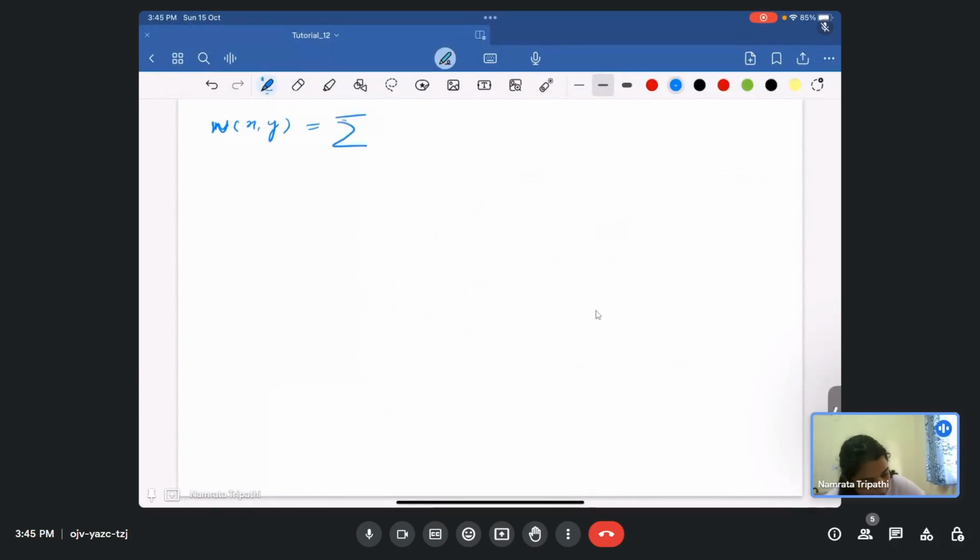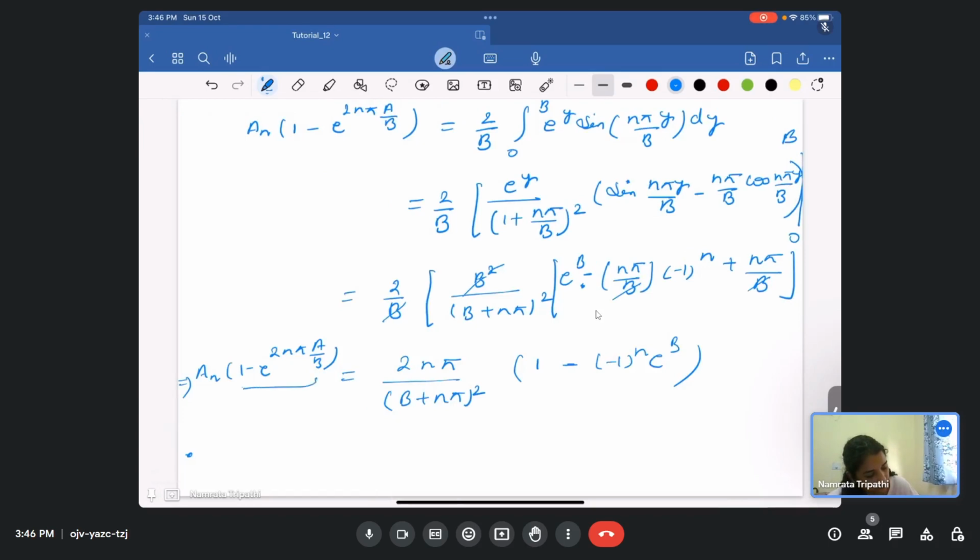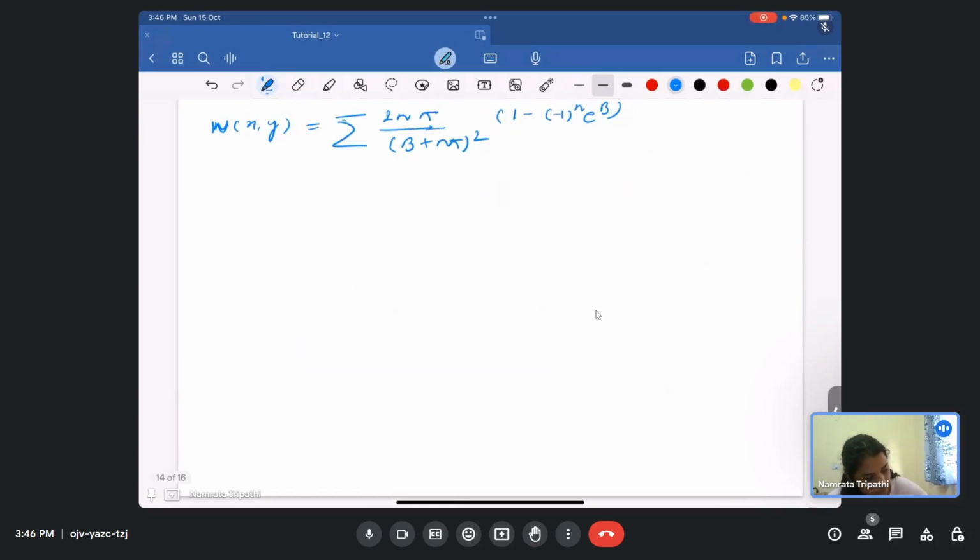So I'm putting the value of an, 2n pi upon b plus n pi whole square, into 1 minus 1 to the power n e to the power b, and again taking this in the numerator and converting it into a sine hyperbolic term, then you will get 2 sine hyperbolic, and also sine hyperbolic and pi.